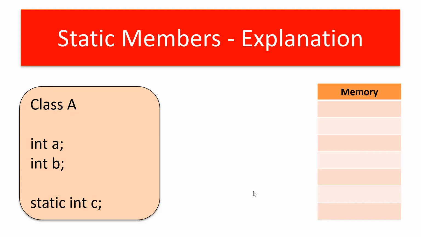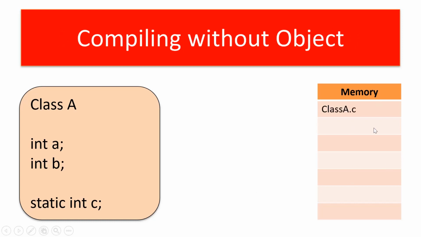Class A, we have two non-static members and one static member. Imagine this is the memory. Now I'm going to compile this code without an object. We have already discussed this.